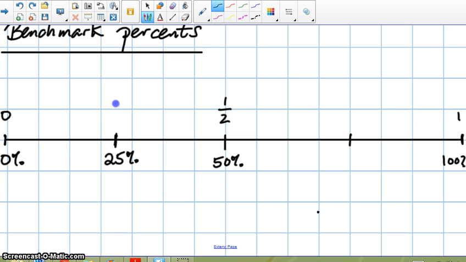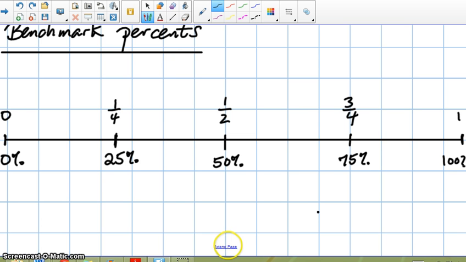In this case, it would be 1/4. And then between 50% and 100%, what's halfway between those two? We would have 75%. What is the equivalent fraction to 75% in lowest terms? It would be 3/4.